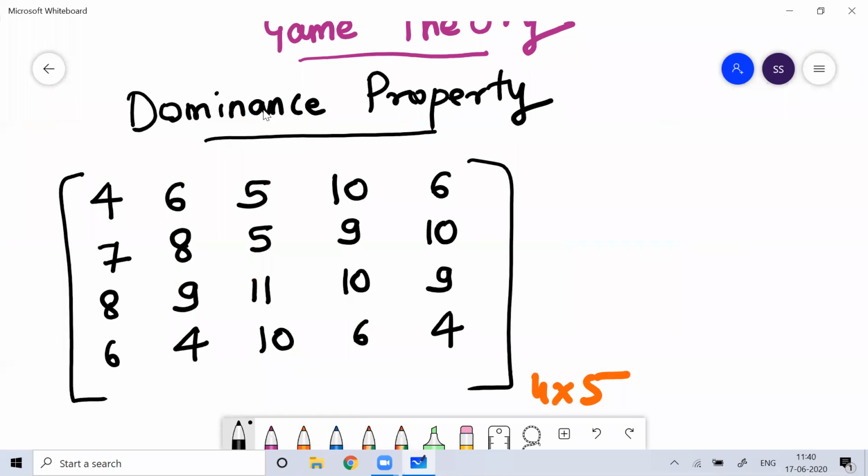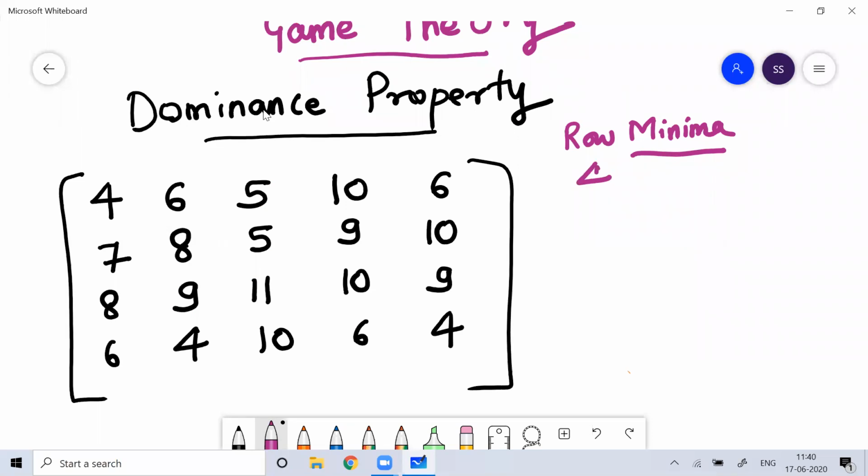Before I talk about the dominance property, let's first see whether there is any possibility of pure strategy or not. In pure strategy, we find the row minima from every row.